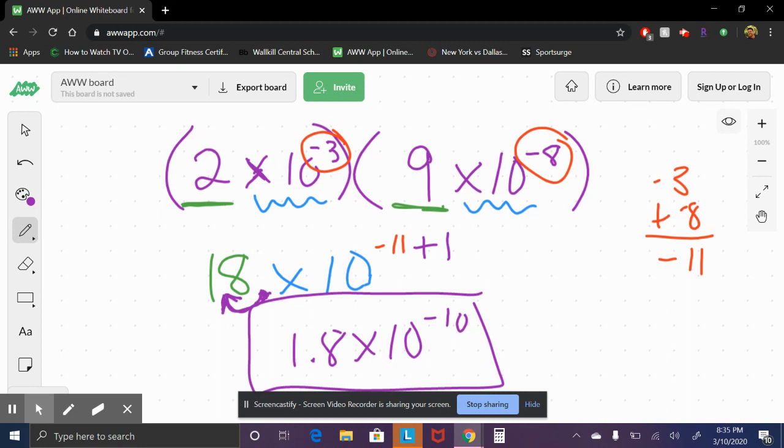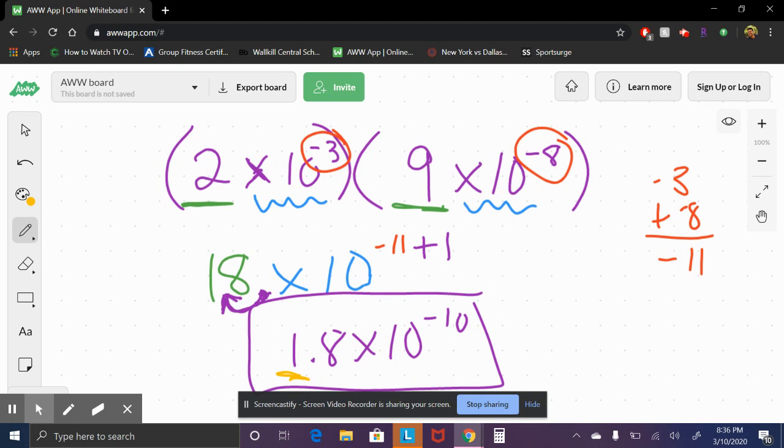So you could have both different scenarios. Just double check at the end of the problem whether you have one digit before the decimal. If you have one digit before the decimal, then you are in scientific notation and don't have to adjust the exponent any further.